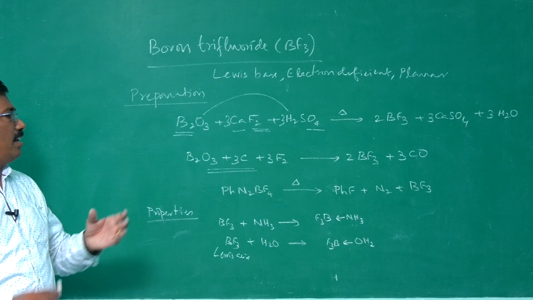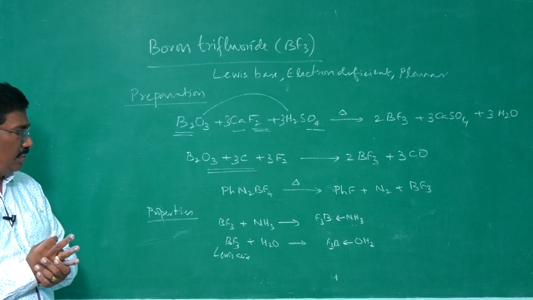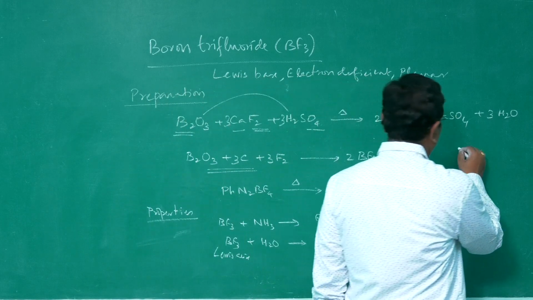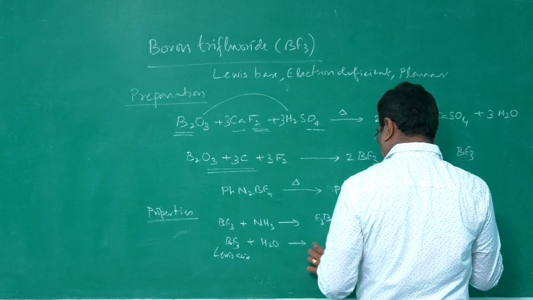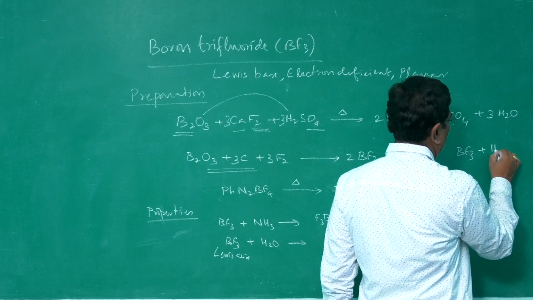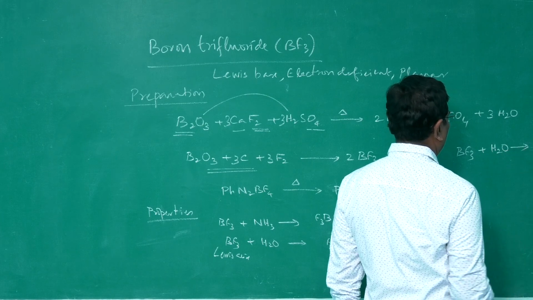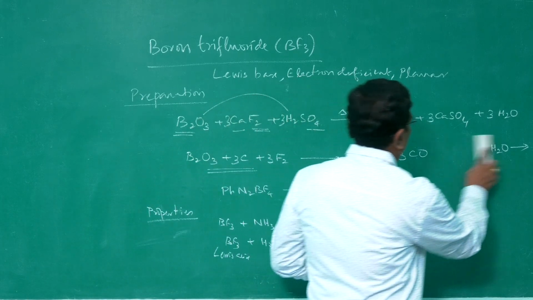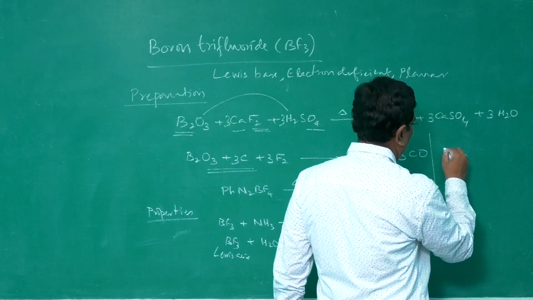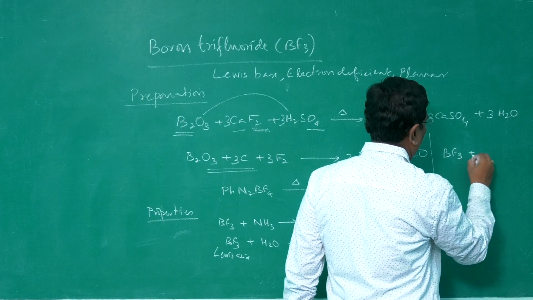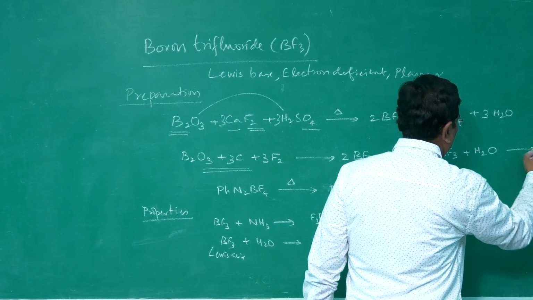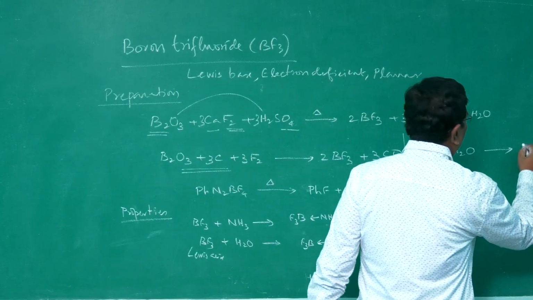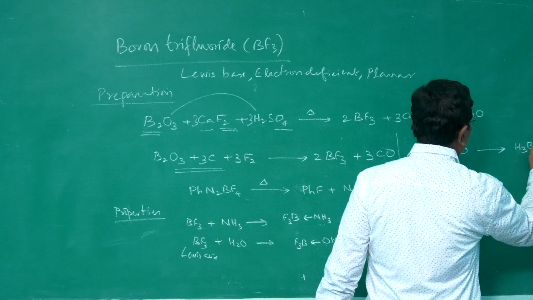Then boron trifluoride undergoes hydrolysis. What happens when it undergoes hydrolysis? Usually such addition compounds are formed with water. BF3 with water forms boric acid and hydrofluoric acid, H3BO3 and HF.